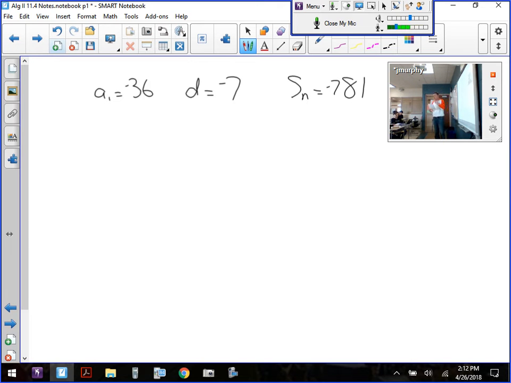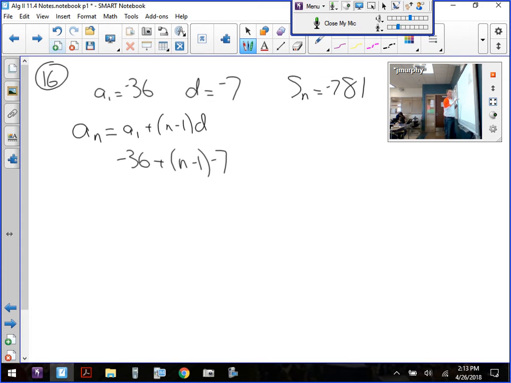Now, this one was arithmetic. So if I'm looking at an arithmetic problem, remember you start with your nth term and figure it all out. So you'll have negative 7n plus 7 plus minus 29, I believe. So there's my nth term. Then I have to figure out how many of them I have to add up to equal negative 781.